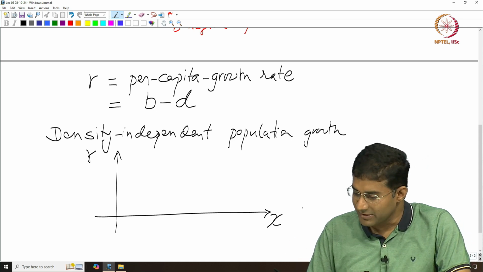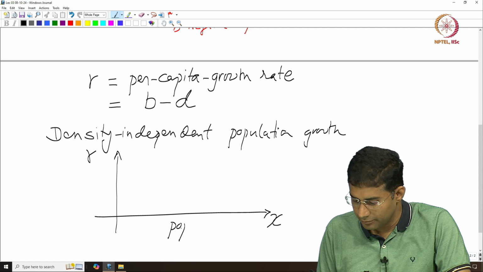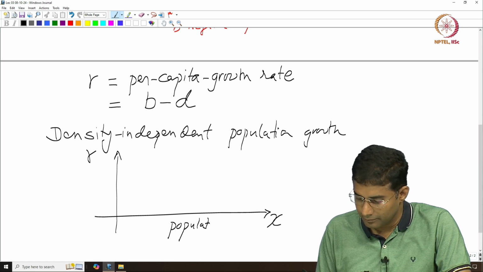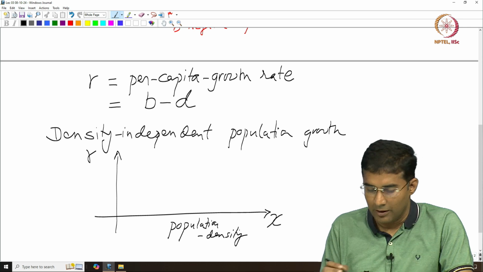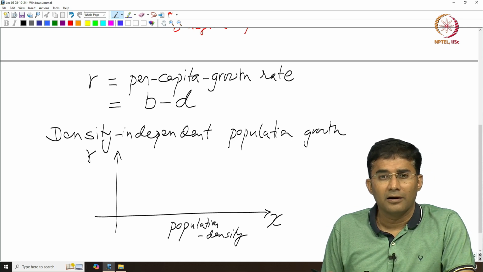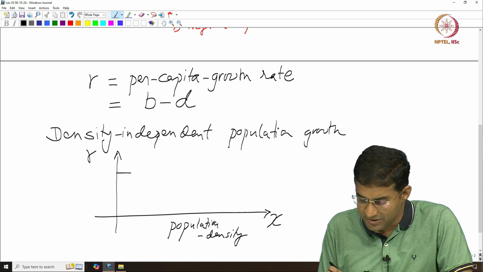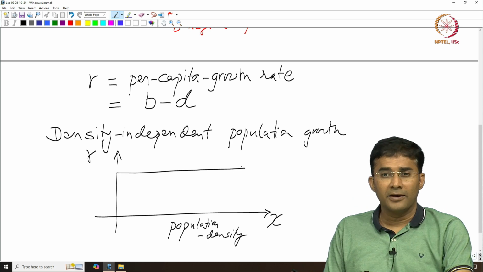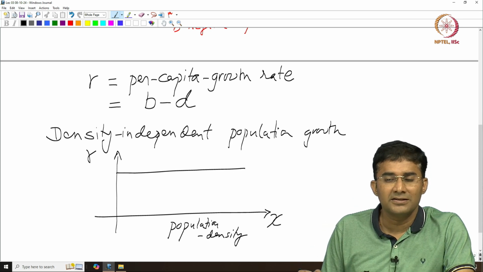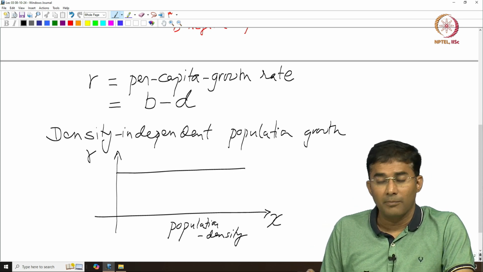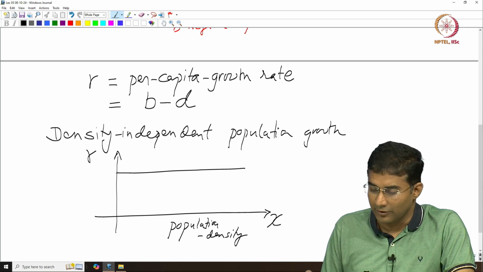If x is the population density, and R is the per capita growth rate, if this is a constant and it does not change with the population density, we call this density independent population growth, right.